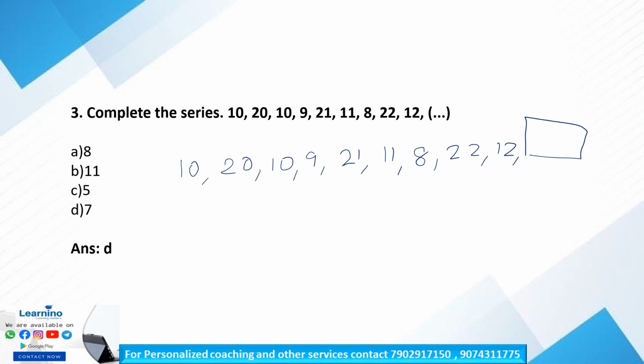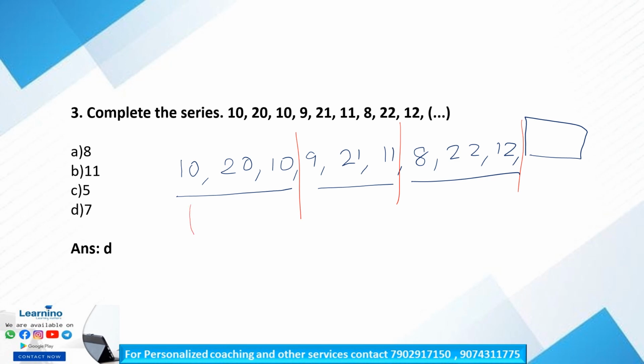Since here we have 3, 3, 3, that is a total of 9 numbers, we can make this question into three parts having 3 numbers each, right? So the first part is 10, 20, 10, the second part is 9, 21, 11, and the third part is 8, 22 and 12.